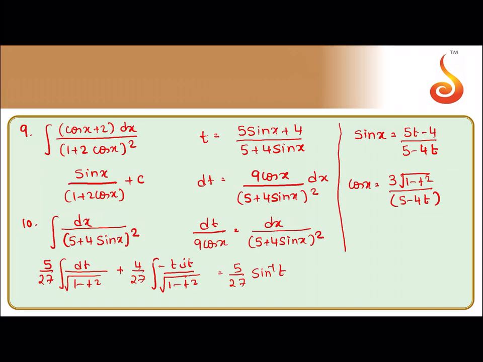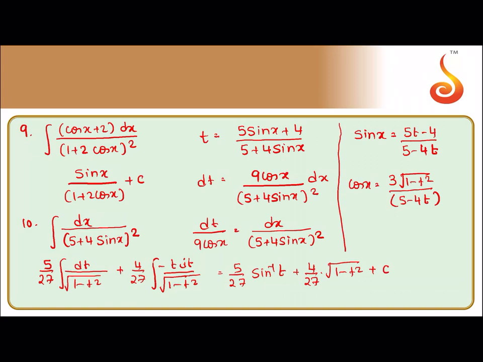So finally we get 5 by 27 sine inverse t. Integral of dt by under root of 1 minus t square is sine inverse t, plus 4 by 27 under root of 1 minus t square plus c.